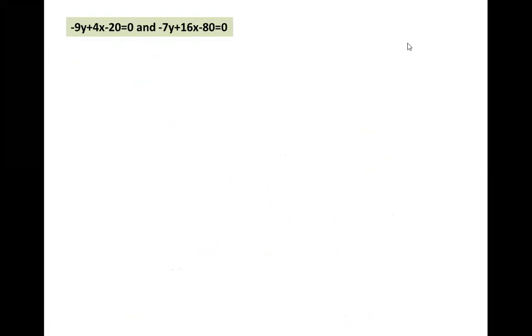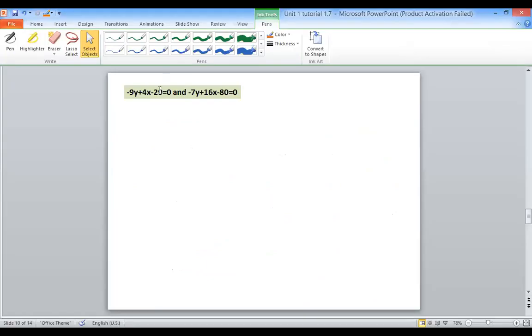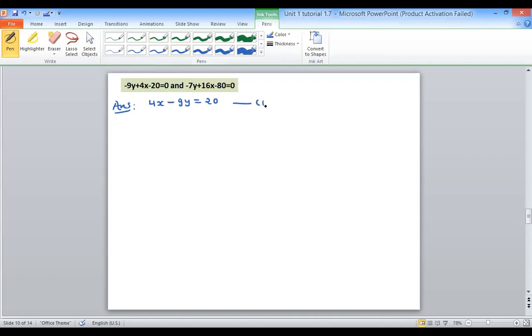If you don't want to, it's not a force on you, but I always write the x variable in the first position. So I'm starting with the x variable. It will be 4x minus 9y is equal to plus 20, because I'm writing the constant on the equal-to side. Call this equation number 1.